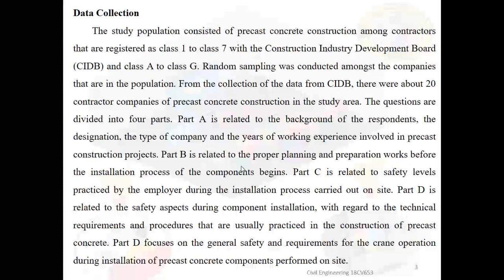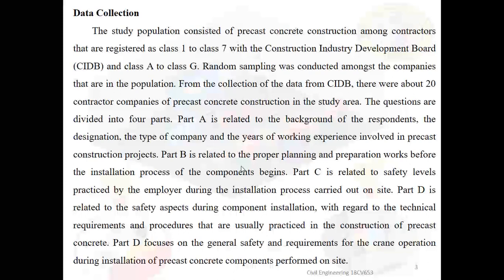Part D focuses on general safety and requirements for the crane operation during the installation of precast concrete components performed on site. So for this study, they collected data amongst the construction contractors registered in Class 1 to Class 7 with the Construction Industry Development Board, and Class A to Class G. Random sampling was conducted among these companies.